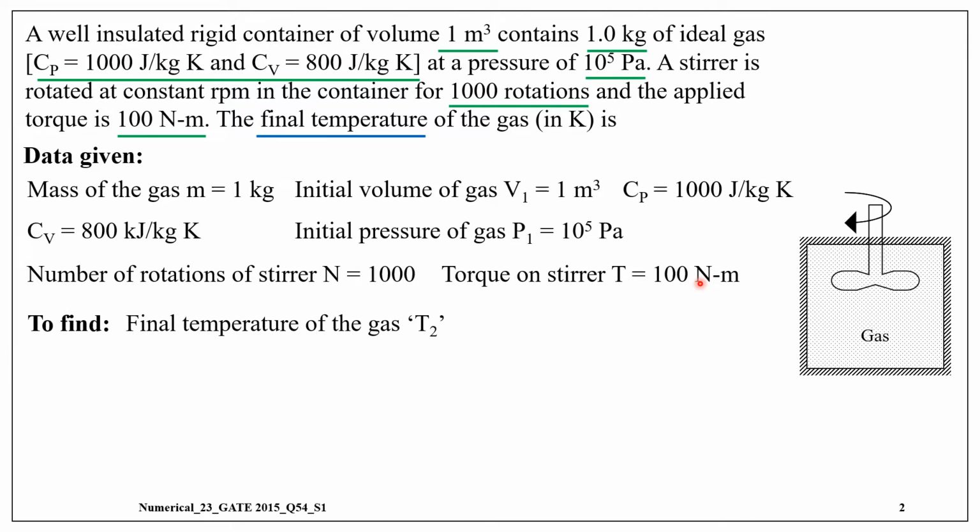Due to 1000 rotations of the stirrer, the gas undergoes a change of state. It is plotted in a TS diagram like this: initial state, final state after 1000 rotations of the stirrer.